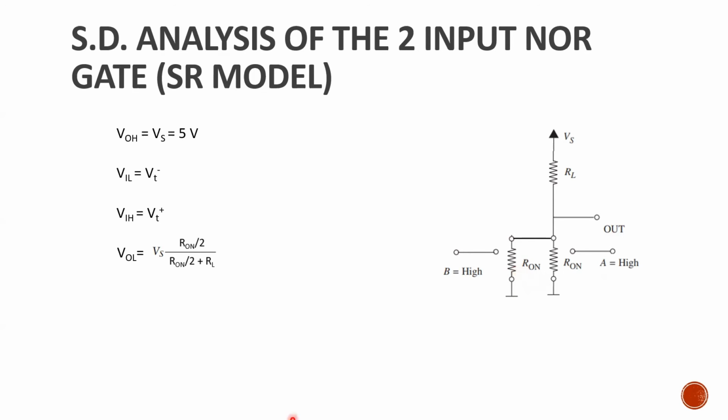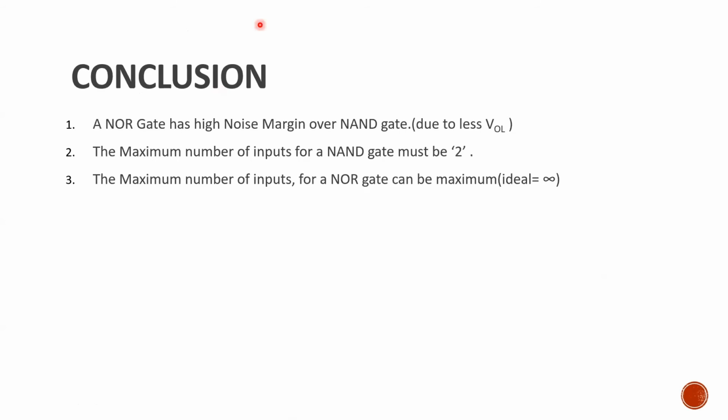That's the reason if someone asks you in your interview whether the NAND gate or NOR gate has a better noise margin, none other than the NOR gate only. Now guys, that's the conclusion: a NOR gate has high noise margin over a NAND gate due to less VOL.